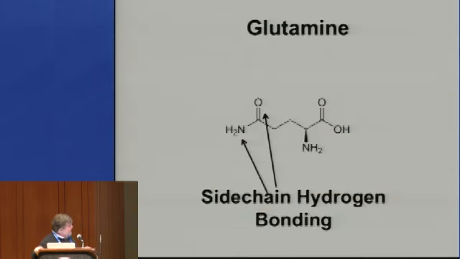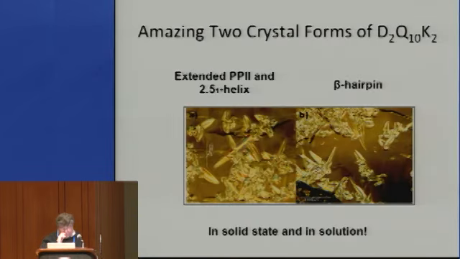Let me remind you again that we're talking about a poly-Q, a glutamine. We have the peptide bond, where you have a peptide formed from many Qs. The side chain is a primary amide, and it can do its hydrogen bonding.